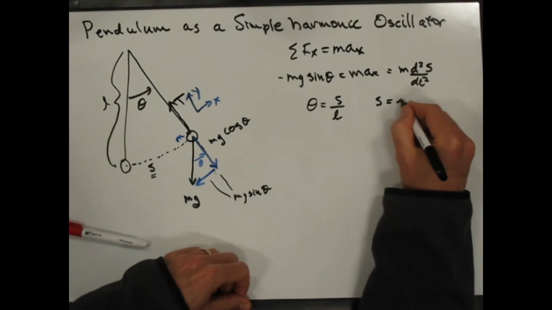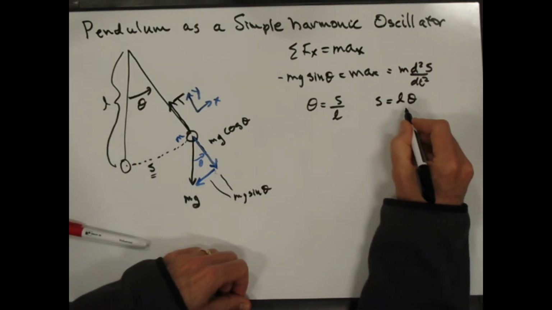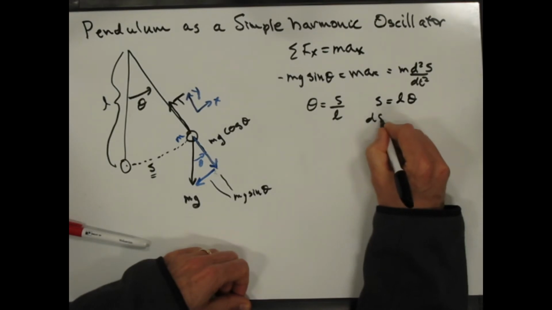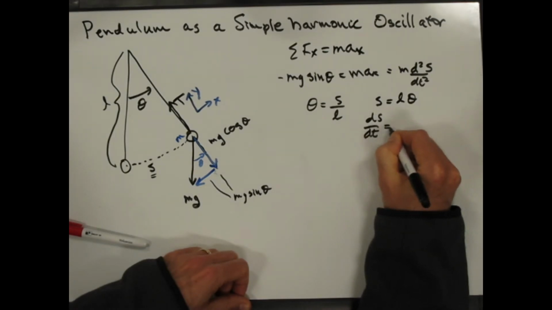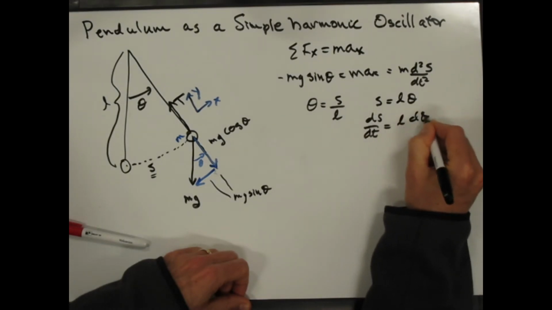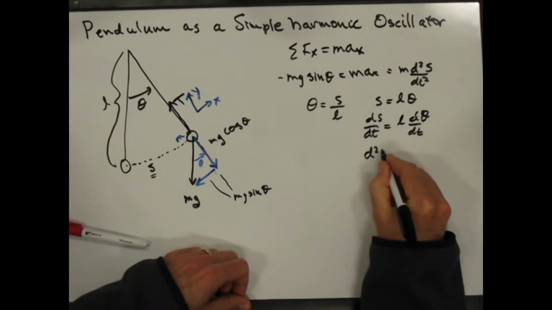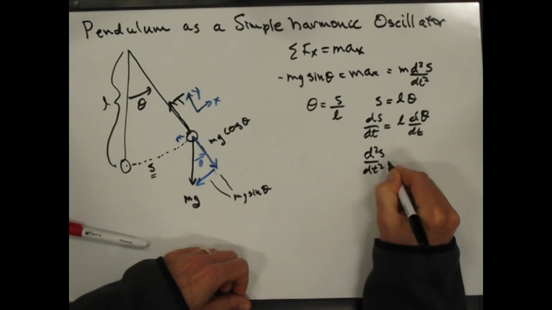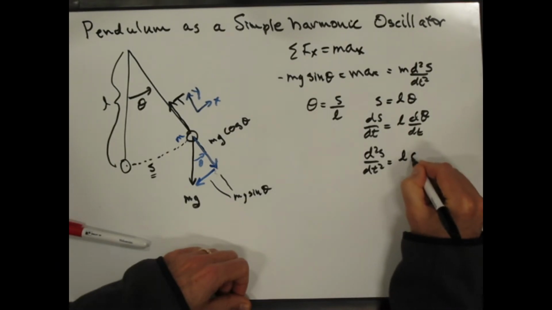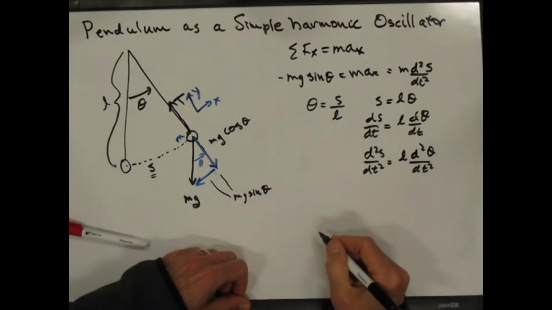The length along the arc is L times theta, where L is a constant. And so ds dt is just L times d theta dt, and d squared s over dt squared is equal to L times d squared theta over dt squared.